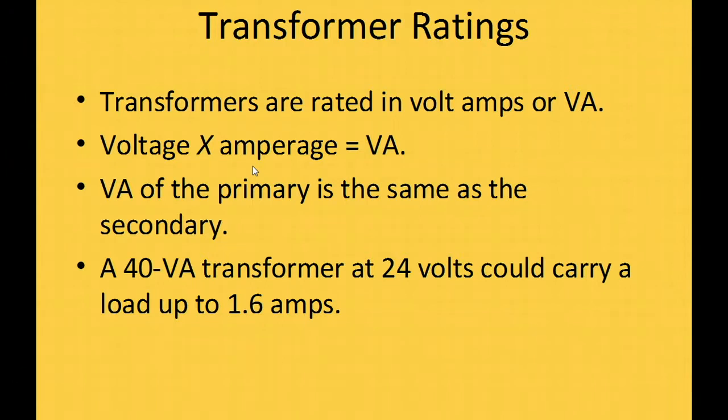So usually it's a 40 VA transformer that you see, and the way that you make sure that you don't overload your transformer is most of the control devices in the HVAC system will have a VA rating, and a 40 VA transformer can only handle 40 VA worth of load before it burns out, and that's the equivalent of 1.6 amps, and that is if you divide 24 into 40. That's how you get that.